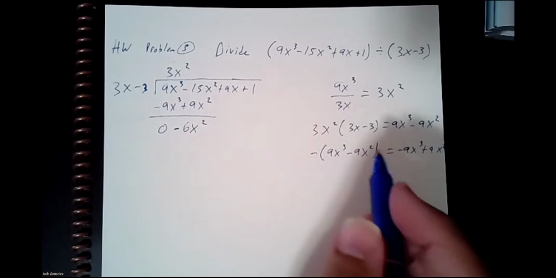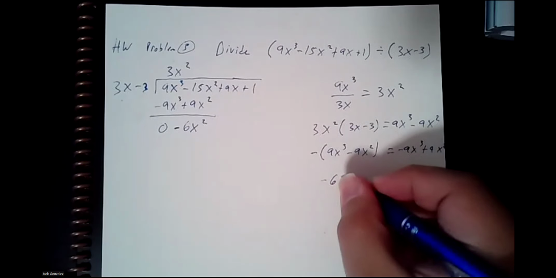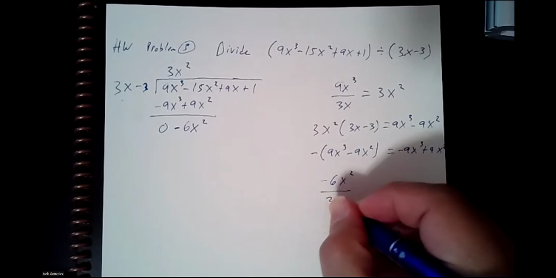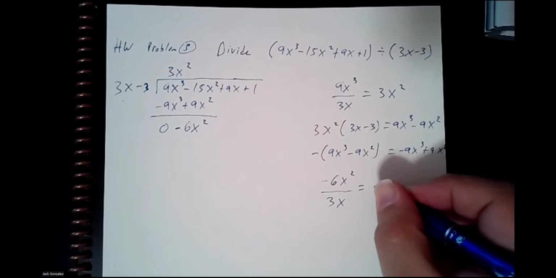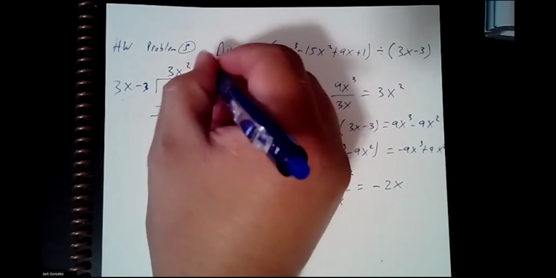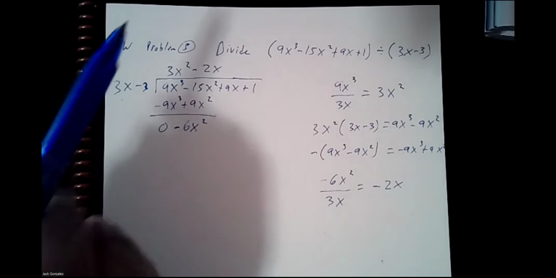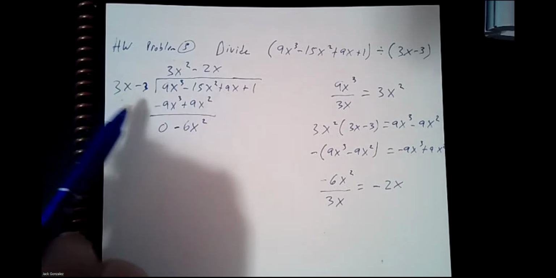Okay, so now back to the algorithm. 3x into this is going to be a negative 2x. So that's the next term. Now repeat the process. So the negative 2x times this stuff.